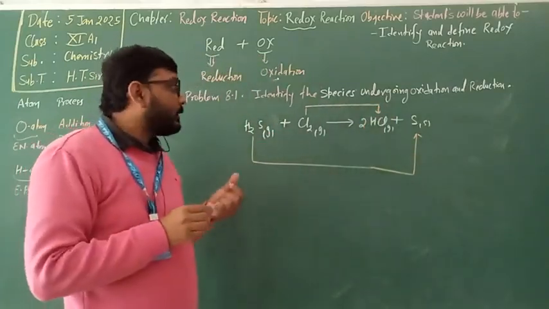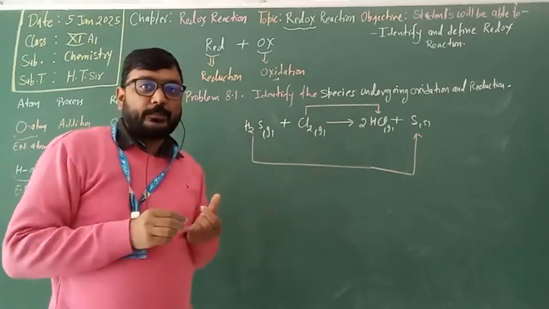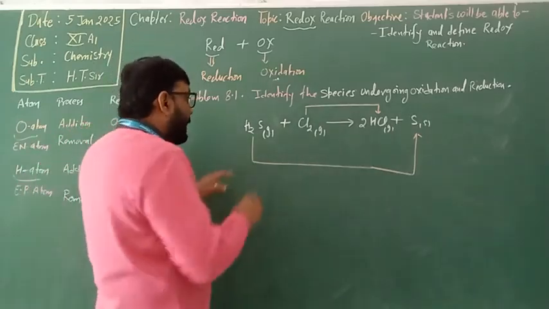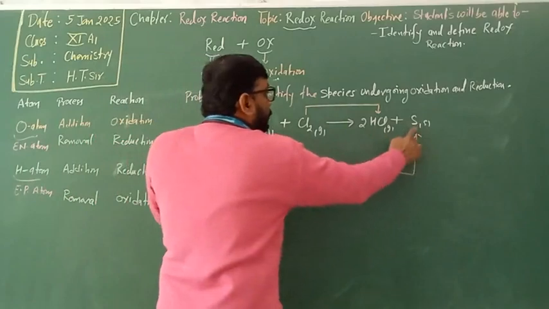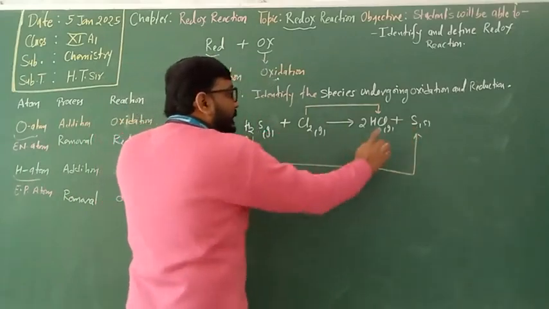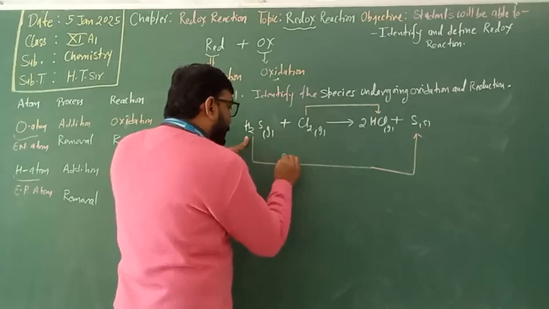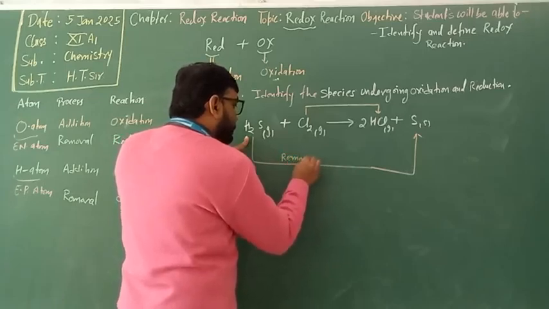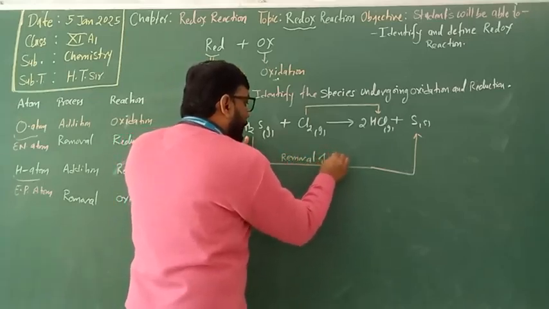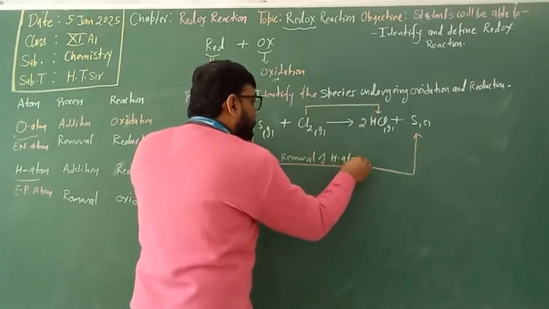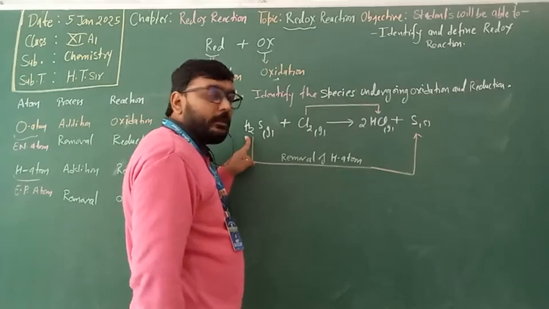Now here the two processes should be marked, right? What happens? H2S to sulfur. So what change do we observe here? Removal of a hydrogen atom. Is it clear?